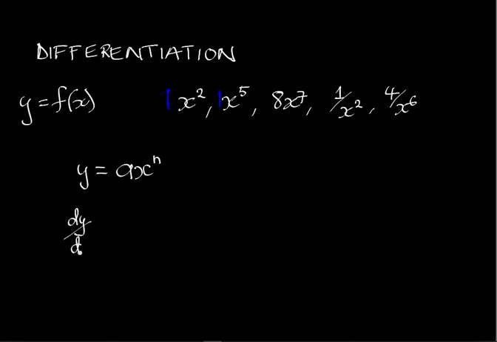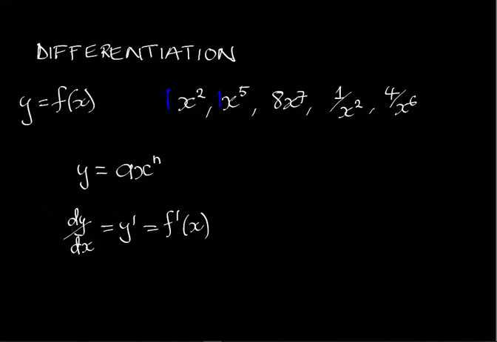Apart from being called dy dx, you might also hear it being called y prime. It might also be called f prime of x. These are different ways in which you can represent differentiation. Whenever you see dy dx, they mean the function of y has been differentiated.